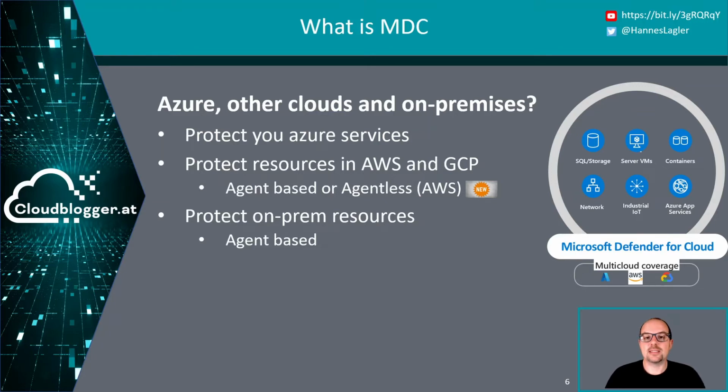But since Ignite 2022, Microsoft announced the option for AWS to scan your environment agentless. It's really, really interesting, and we will cover this also in a separate session. You can protect your on-premise environment, and when we think about Azure resources, Azure services, platform as a service, infrastructure as a service models, it's also included in Microsoft Defender for Cloud.